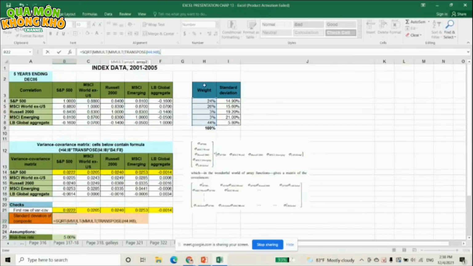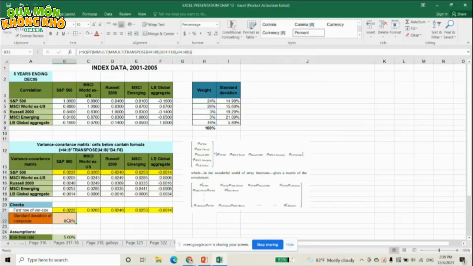And the second array is the variance and covariance matrix, this table. And the array of weights again. So Control C.